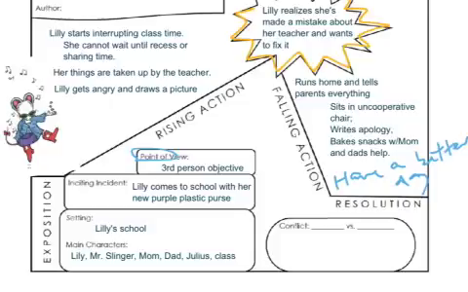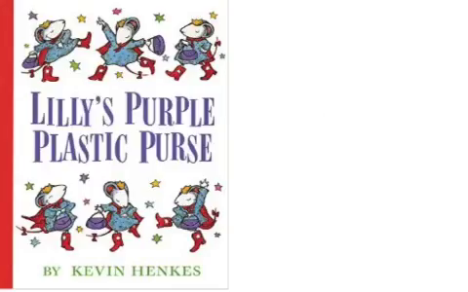Or we can say that it's man versus self, because Lily feels very, very guilty about being so angry. You decide which one it is. I'm going to leave it blank on mine. But make sure you can prove your thinking, because there's always more than one right answer if you can prove it with evidence.